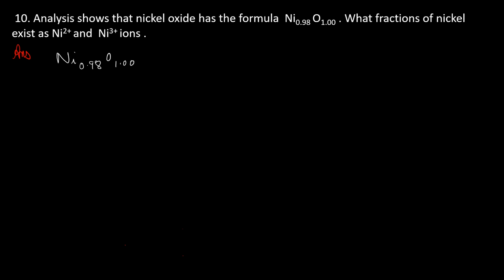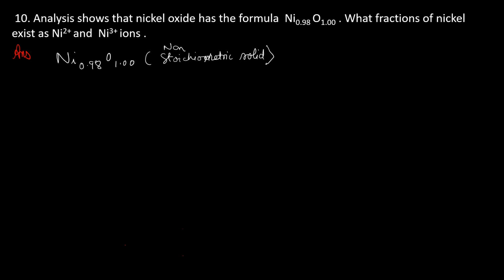Now, first of all, this solid is a non-stoichiometric solid. Non-stoichiometric solids are those in which the ratio of cation and anion is not similar to the ratio as shown by its formula. Here, if 100 oxygen atoms are there, then the number of nickel atoms is only 98.